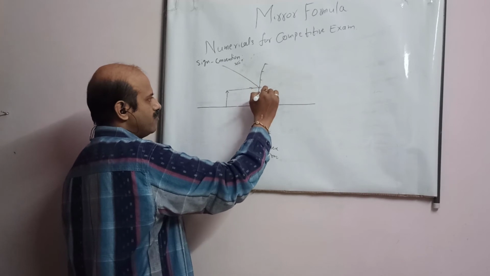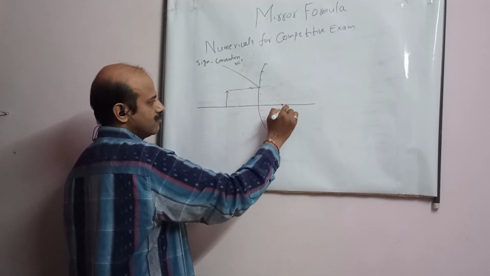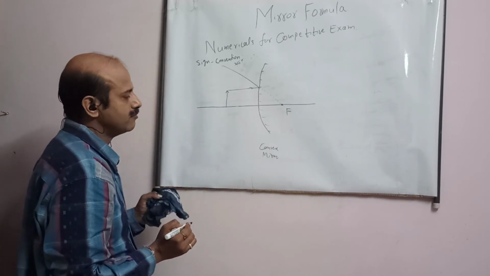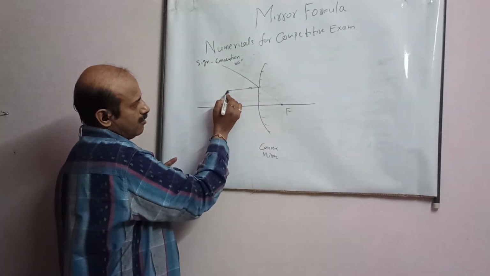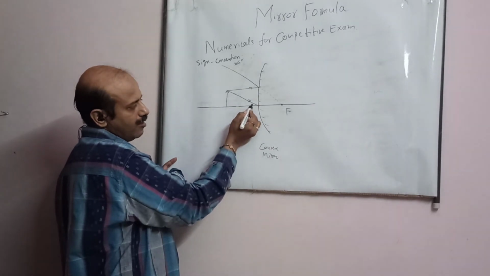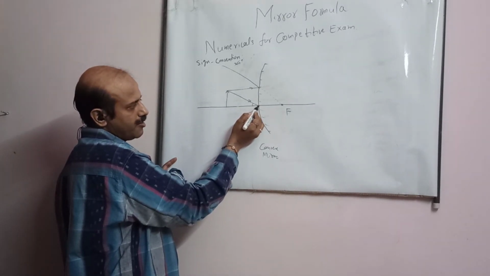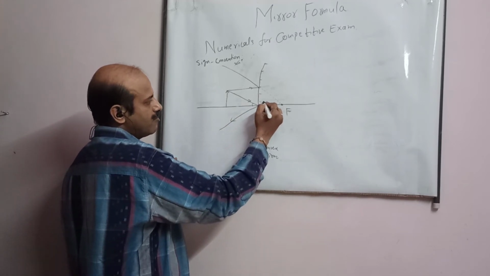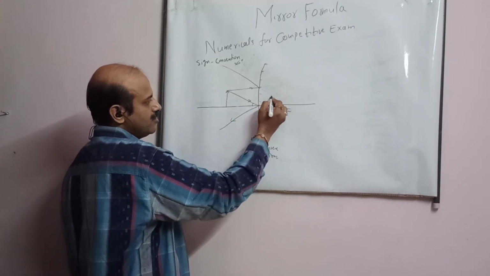It will appear to come from here, focus. Then one ray I am taking this way. Angle of incidence is equal to angle of reflection. One ray will go like this. I will trace it backward. So this is the size of the image, student.